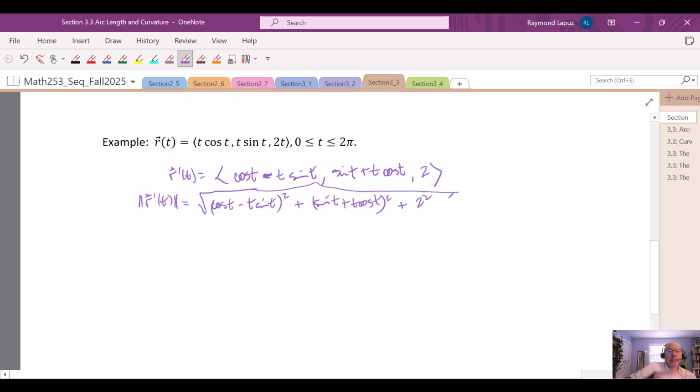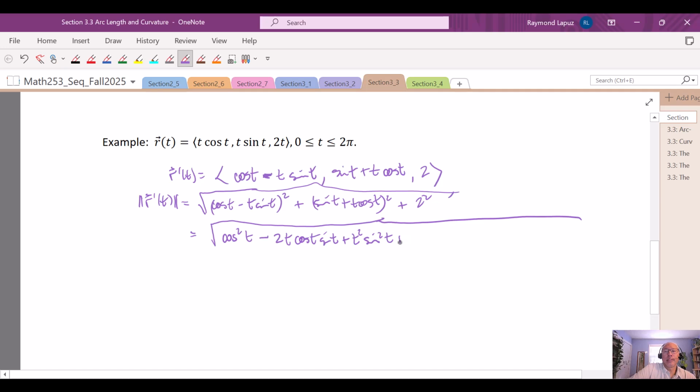Let's FOIL it out to see if we can simplify, and then we're gonna get the cosine squared t, and then this is gonna be a minus, and then we're gonna do twice the product of these two things, t cosine t sine t, and then the last term will be positive t squared sine squared t, and that's foiling out the first term.